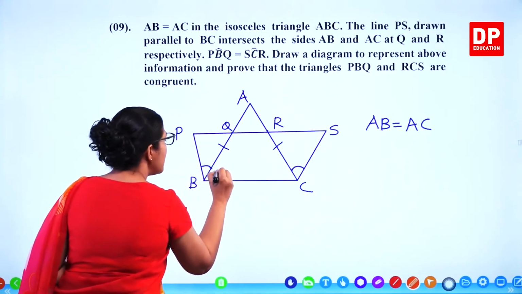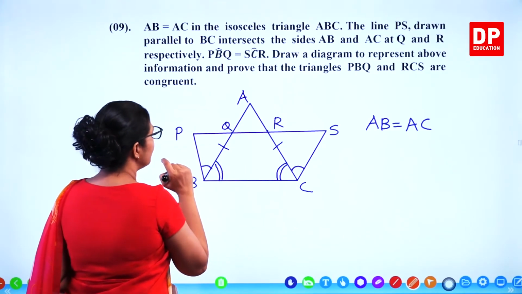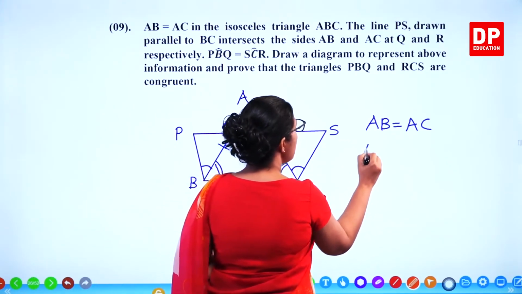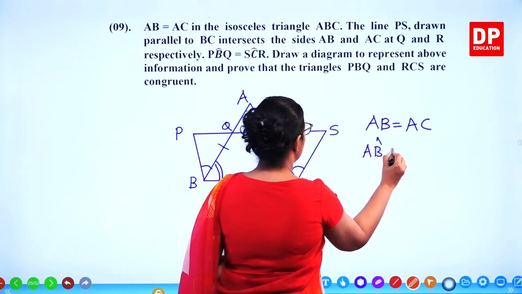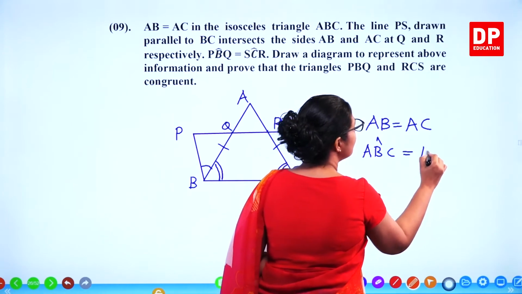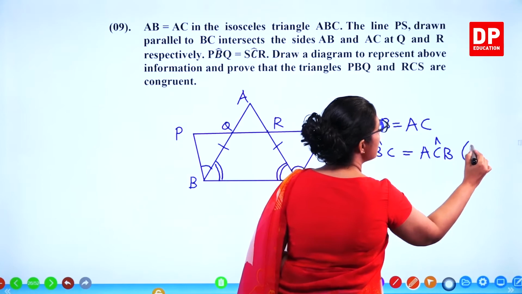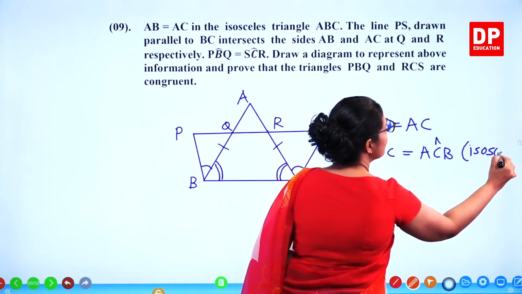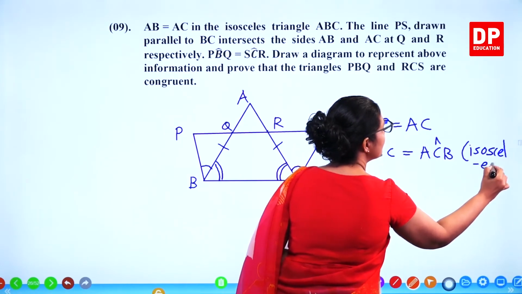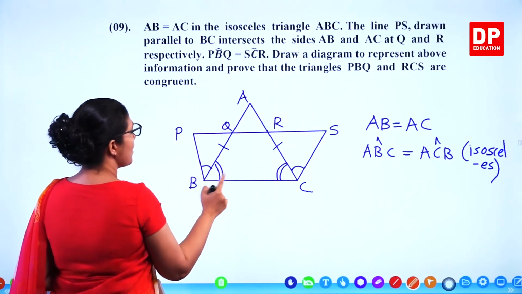Then we know this angle is equal to this angle. ABC angle is equal to ACB because of isosceles. These two angles are equal.